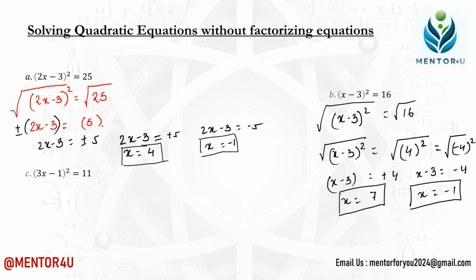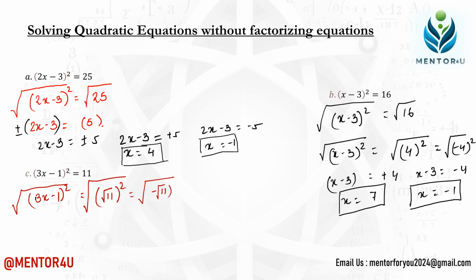For example, in this case, if I take the square root there, it will be 3x minus 1 whole square under root, equal to root of 11 squared under root. That is also true. So while solving this equation, it can be root of 11 squared, or we can also take it as minus root 11 whole squared. Even that is true, isn't it?